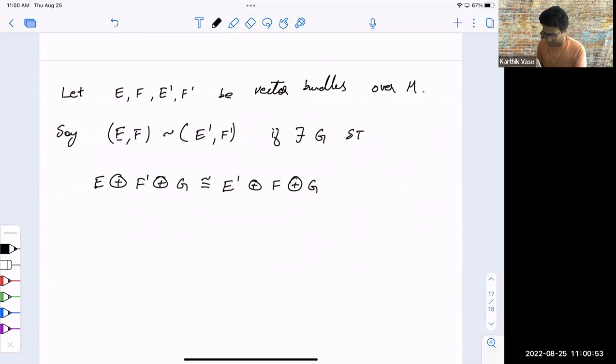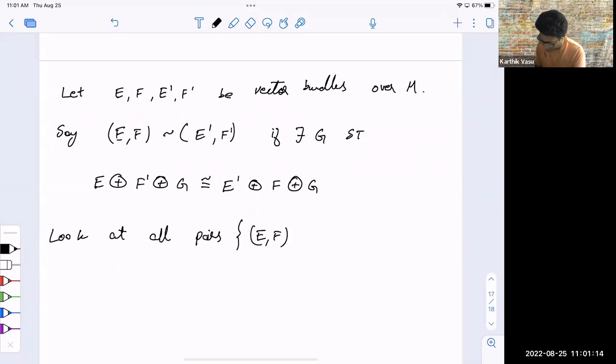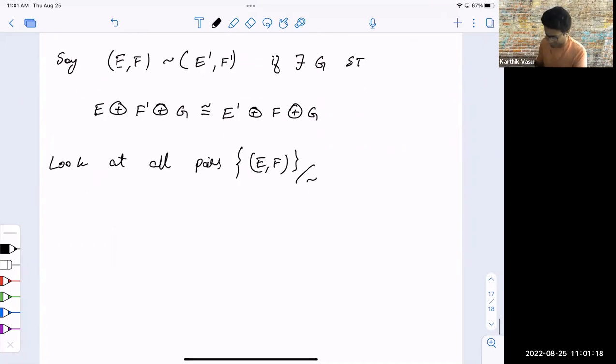Now if you look at the equivalence classes of the pairs, all pairs E comma F modulo the relation we have here, this will be the K group.